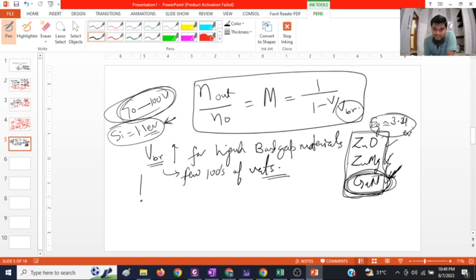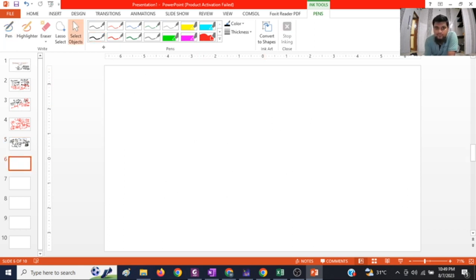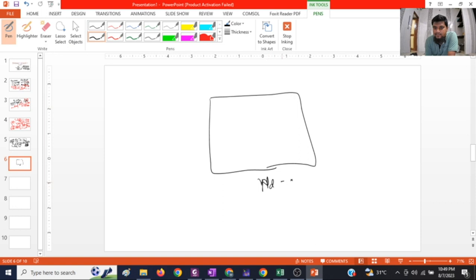There is another thing: with increase in doping, VBR decreases, the breakdown voltage decreases. If you go through the book, Ben Streetman or any other book, you will find that as ND or NA increases, the breakdown voltage decreases, from 10 to the power 2 to even a few tens of volts.